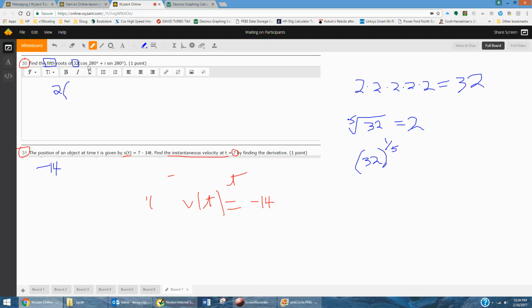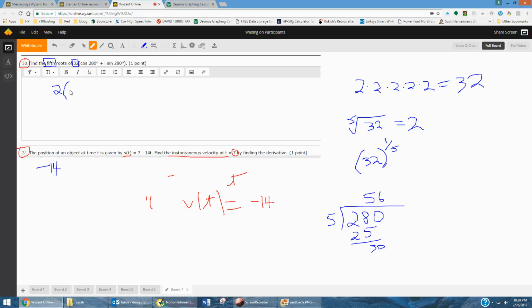So to get the first angle, we have to divide 280 by 5. That's 56.